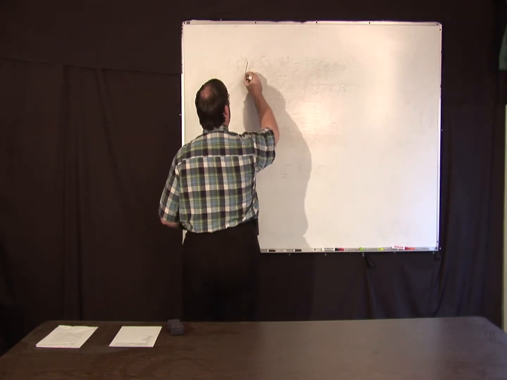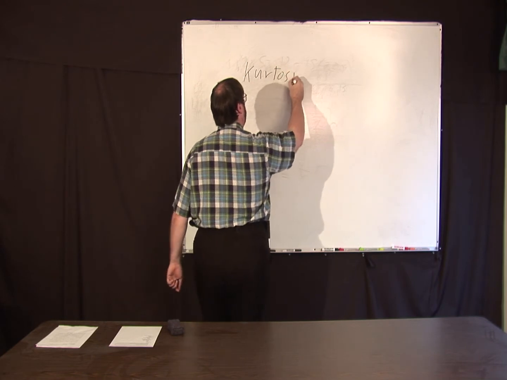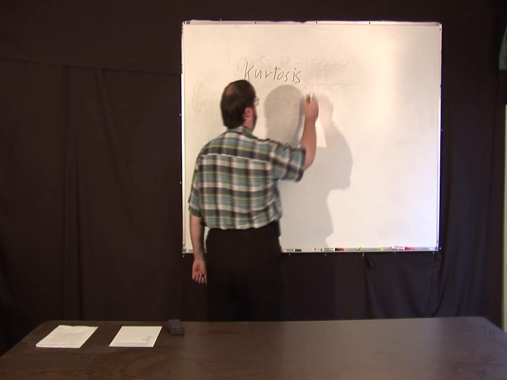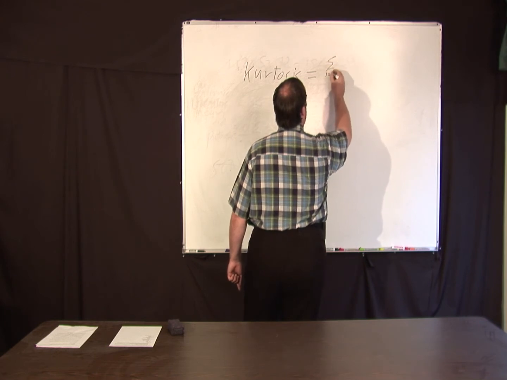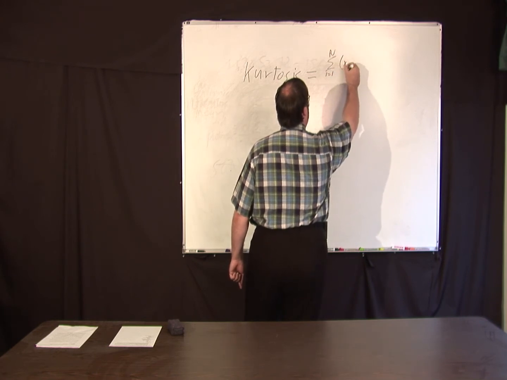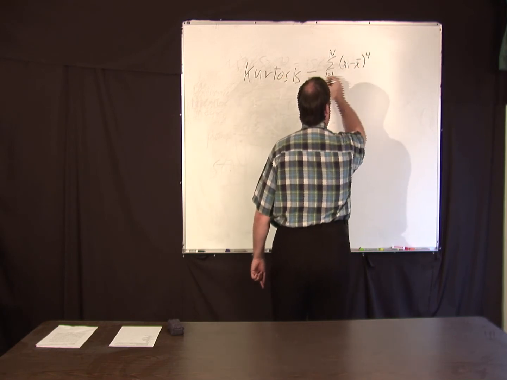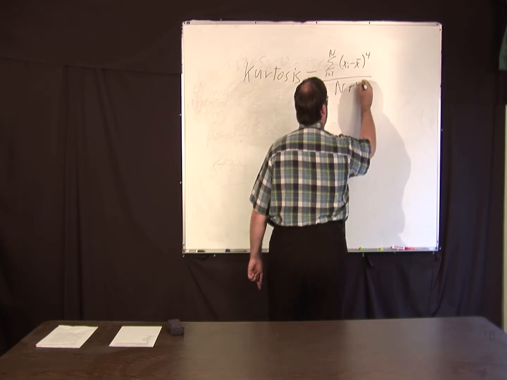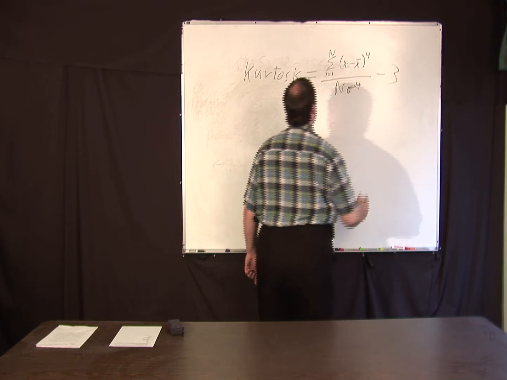If anybody knows the history of this, they could send me an email. Kurtosis. It's a strange name. It's the sum from i equals 1 to n of xi minus x bar to the fourth power over n sigma to the fourth, minus 3, if I got that right.